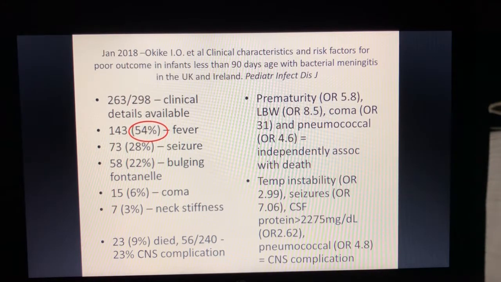So here, one of the take-home messages really is that we can't even rely on fever to screen who may or may not have meningitis, and you have to be much more aware of the other types of symptoms and signs. And so this group additionally did a further review where parental questionnaires and asking families to write down what symptoms they had were analysed.